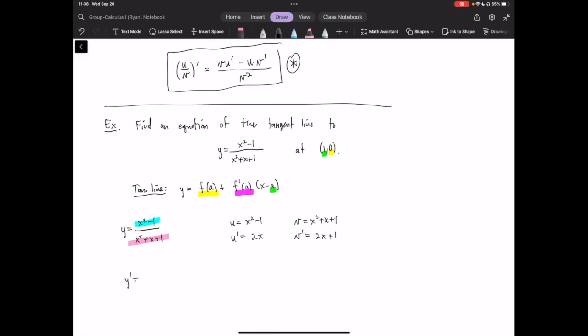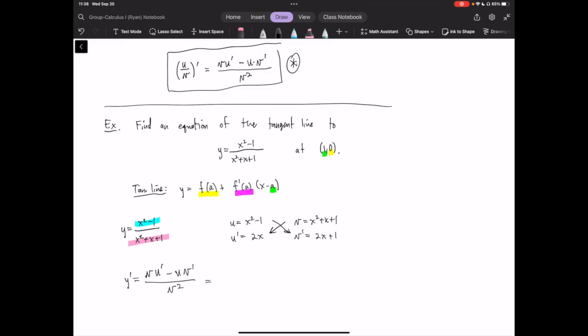So our y prime is going to be v times u prime minus u times v prime, all over v squared.